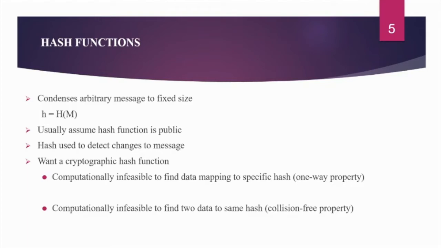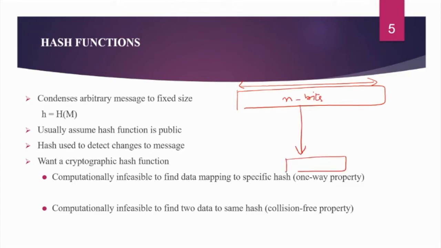So basically, hash functions condense the message into a fixed size length. No matter what the size of the message is, it could be any number of bits, say n bits, it will get converted into a fixed size of bits, let's say k bits. This is the job of a hash function.